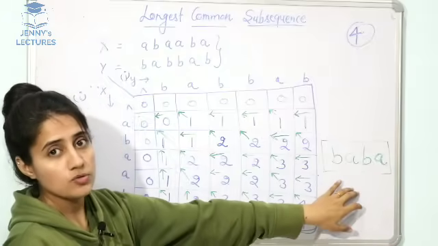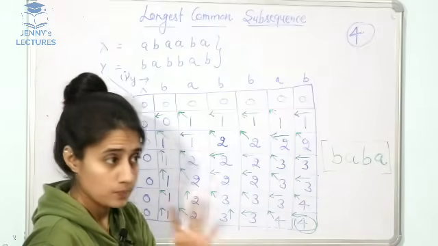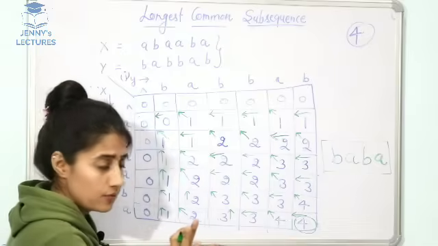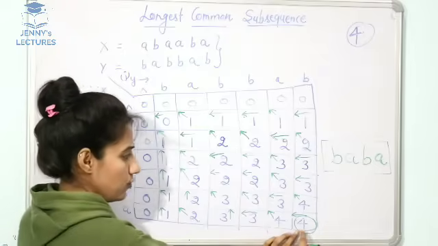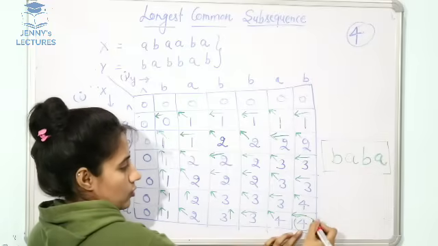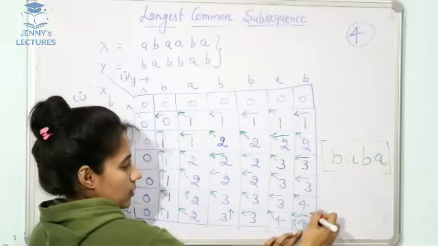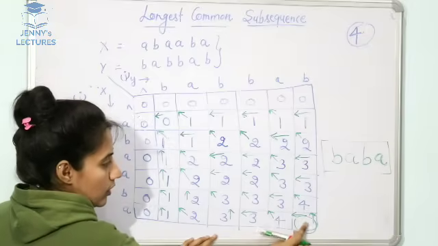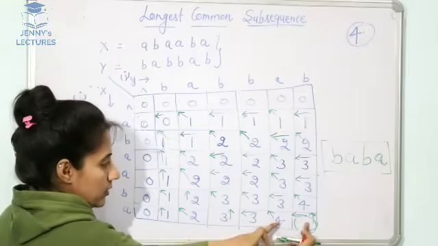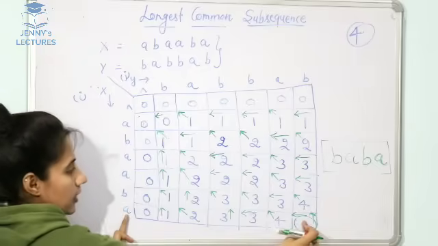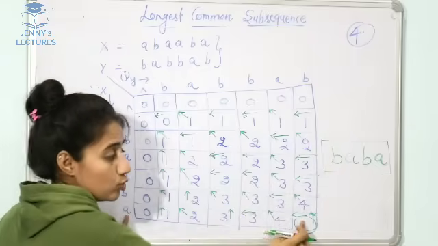It is not that this is the only longest common subsequence. See, what could be another one? Suppose, for example, you had written this arrow not like this, but in the upward direction. When you fill this location, you check the character corresponding to this row, that is A, and this column, that is B. Both are different.